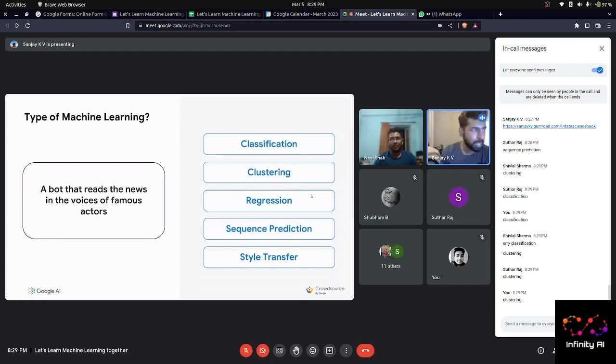Another question is a bot that reads the news in the voice of famous actors. This is something you might have seen on Instagram. Have you wondered which machine learning model is being used? That's really tricky. That's called style transfer. Whatever deals with art forms or mimicking all comes under style transfer.